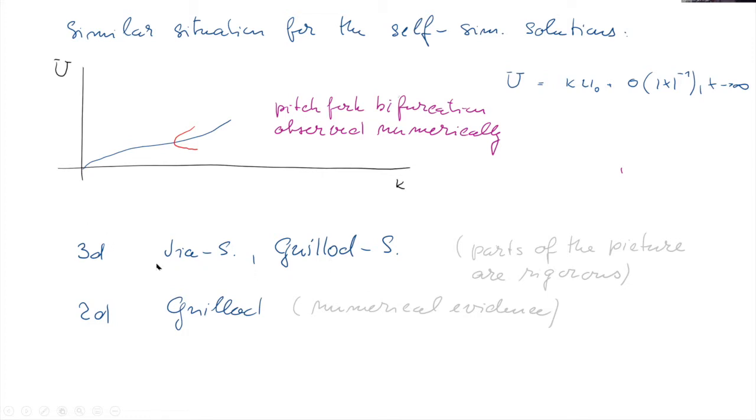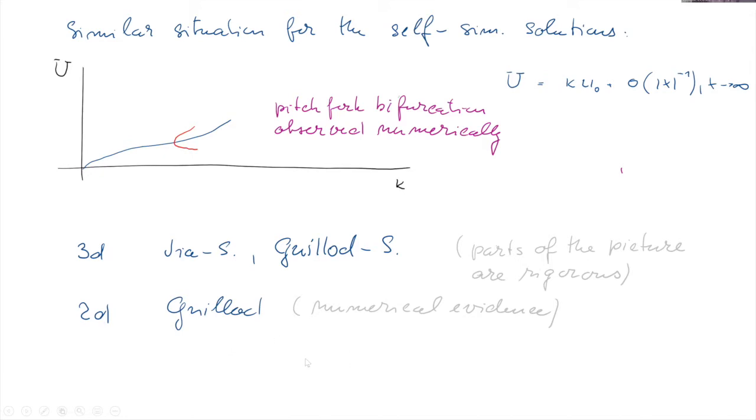So a lot of it has been done in 3D, where everything is rigorous, modulo this information about eigenvalues, which is necessary for bifurcation, where we still need some computer help. But Julien Guillod, who did the calculations also in 3D, also did the calculations in 2 dimensions.